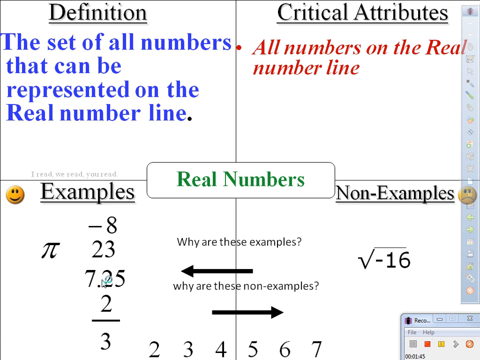However, the non-example is a specific one, and I remember I said these have a specific name. They're called imaginary numbers, right? The most important thing to remember about real numbers is they're found on the real number line. Simple. So, fill that in. You've got 20 seconds.